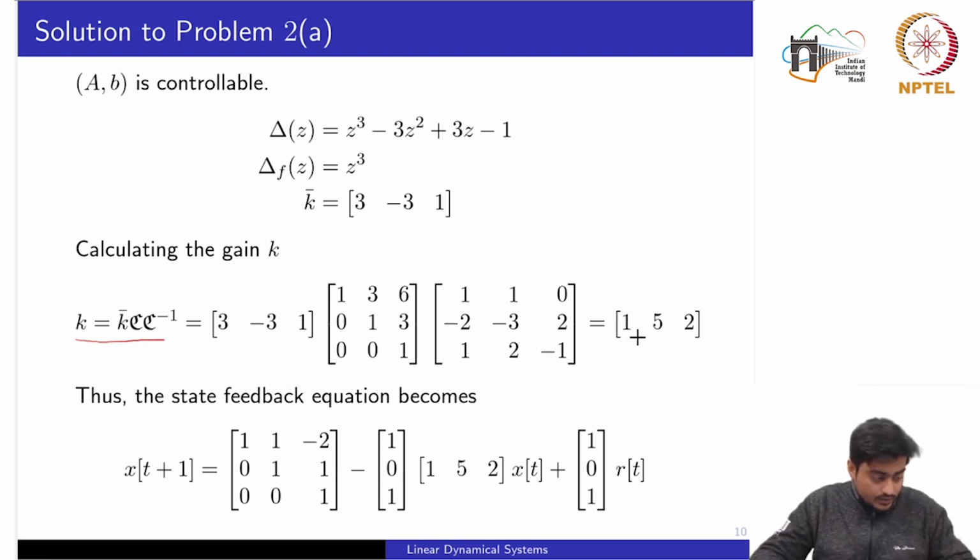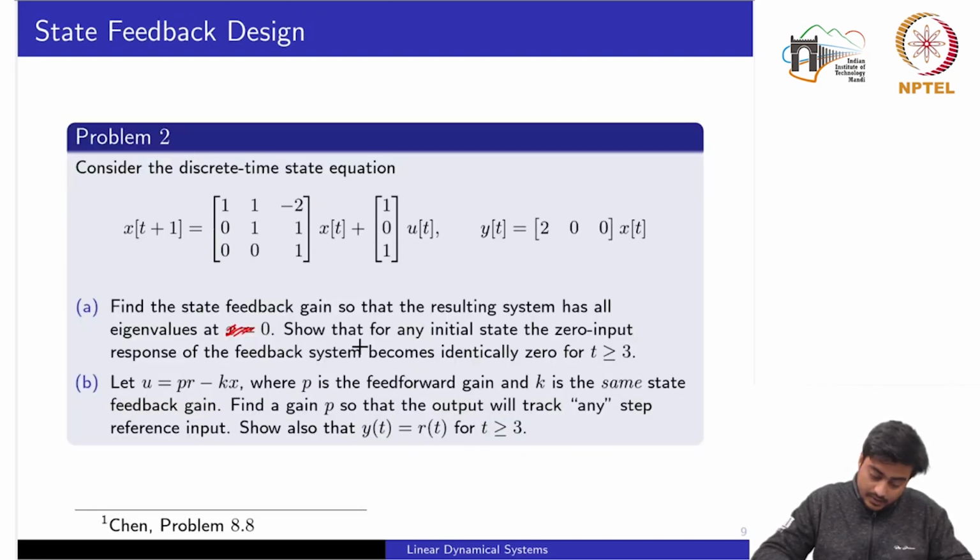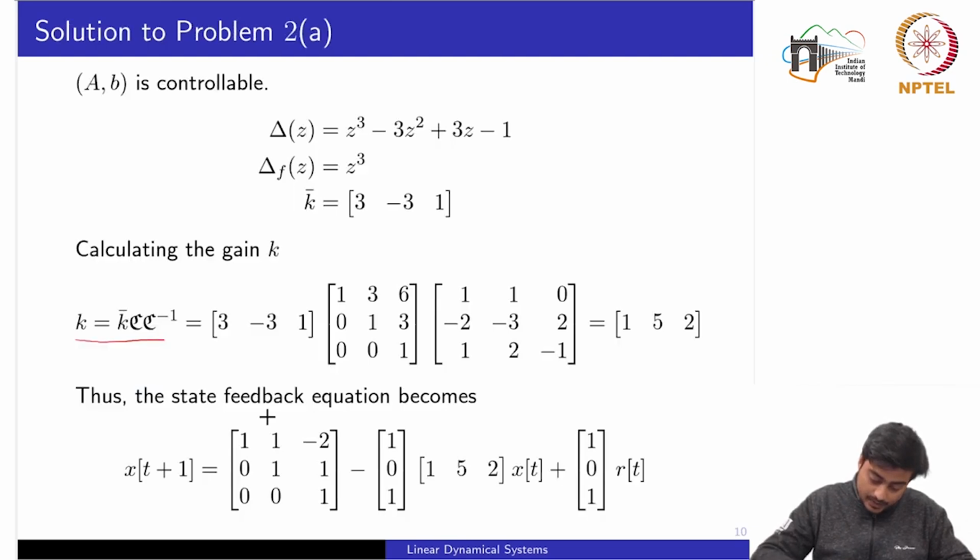Now the second part, if you recall, we want to show that for any initial state, the zero input response of the feedback system becomes identically 0 for t greater than or equal to 3. So we will first compute the response of this system by substituting this gain k, using the equation u is equal to r minus kx into the plant.